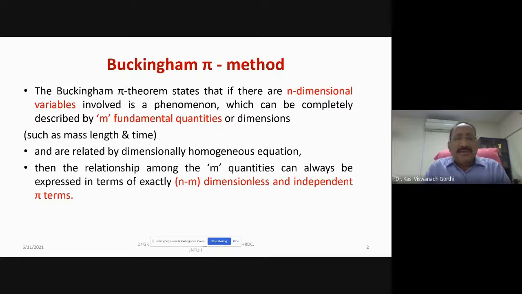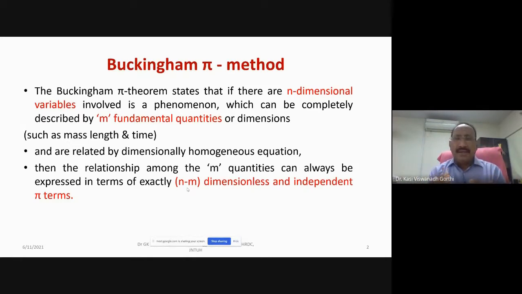So m fundamental or primary quantities are related by a dimensionally homogeneous equation. Then the relationship among the quantities can always be expressed in terms of exactly n minus m dimensionless independent pi terms. This is the statement of the Buckingham Pi theorem.